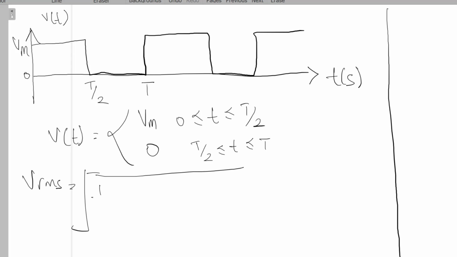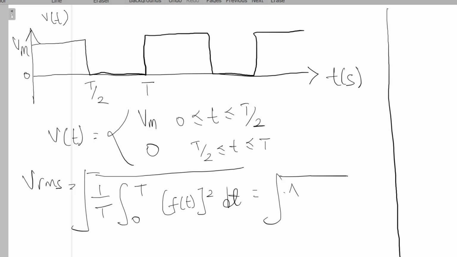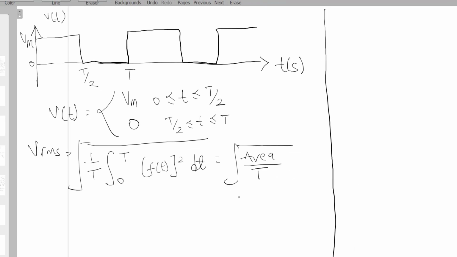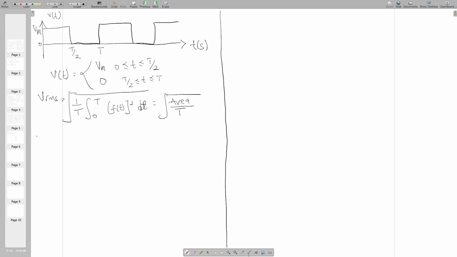is the square root of 1 over the period, integrate from 0 to T, and you square the function, dt, which is equal to the area of the cycle divided by the period of the cycle. So in this case, our V_RMS, let's take off the square root, and after everything then we'll bring back the square root.